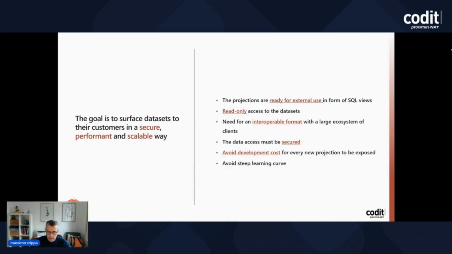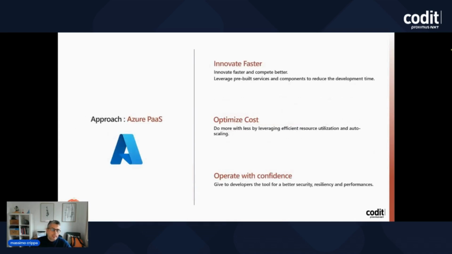With this in mind, the approach chosen for Datasprint is to look at Azure PaaS services. Why this? Because they allow Datasprint to innovate faster. By using the components available in the Azure platform, they can leverage the out-of-the-box features of those components and reduce development time.